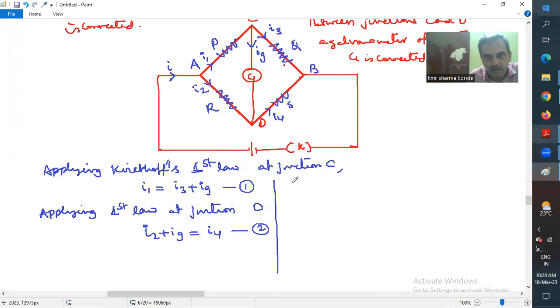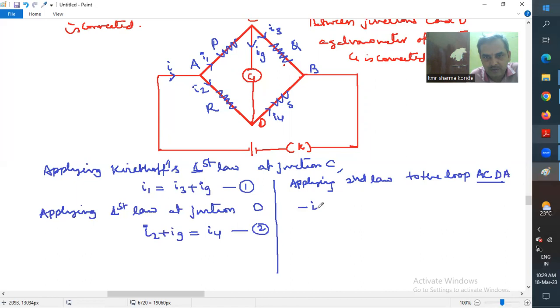Now, applying second law to the loop A, C, D, E. So as per sign convention, when you traverse in the direction of current, the corresponding potential difference is negative.